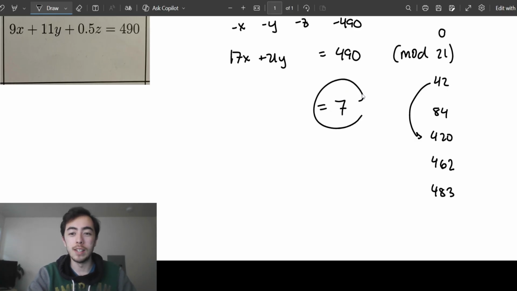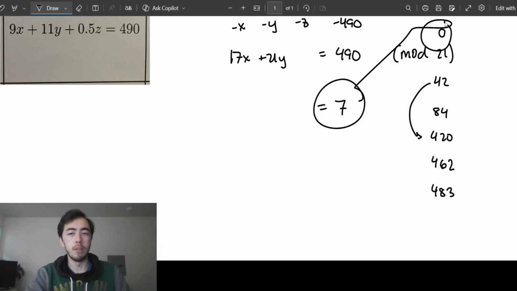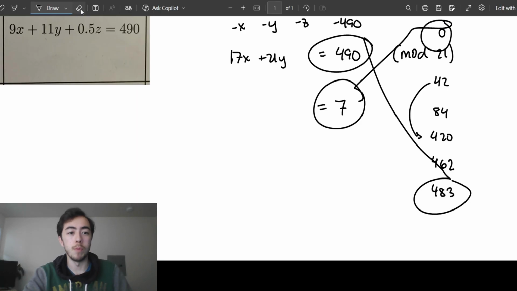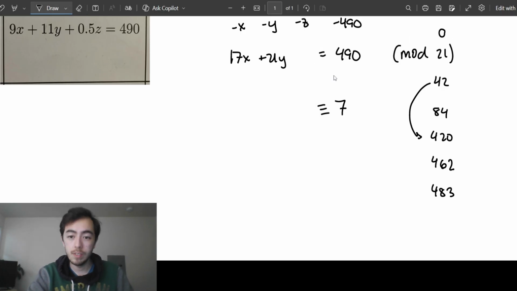The idea being is that 7 is 7 more than 0, just as 490 is 7 more than 483. So these numbers are technically the same, and I'm going to use this kind of triple equal sign, this congruent to symbol, to just say that they're kind of equal. Anyways, so in mod 21, 490 can turn into 7.